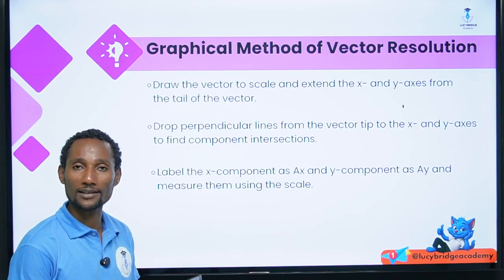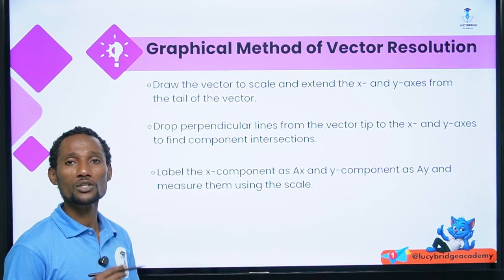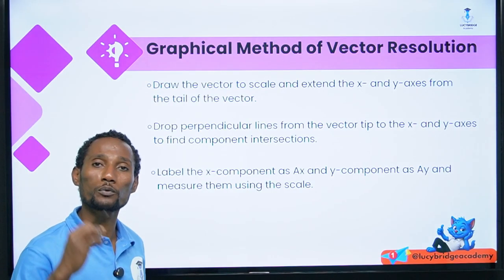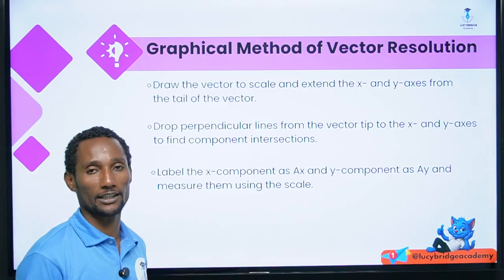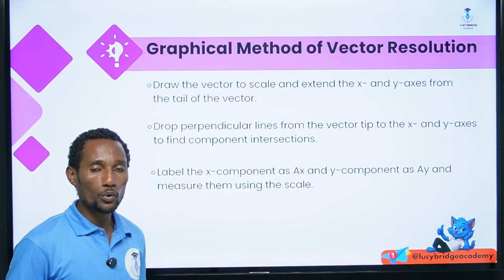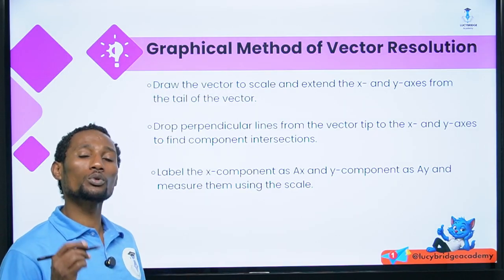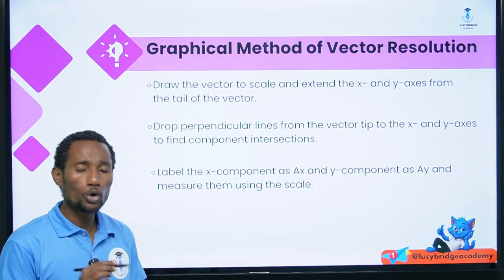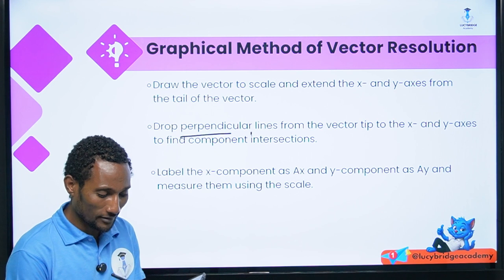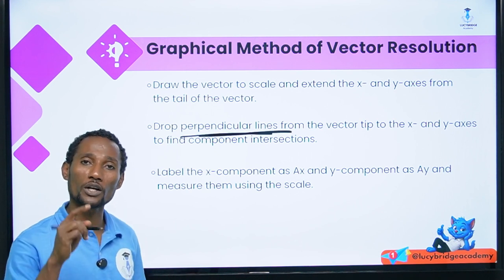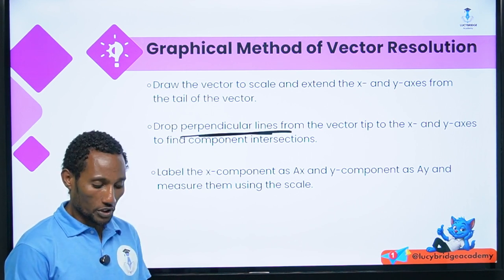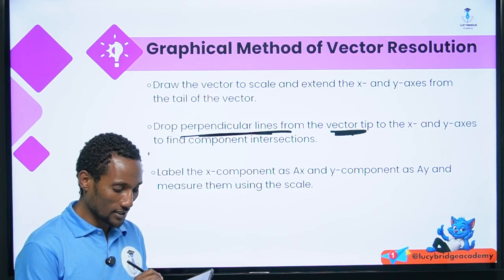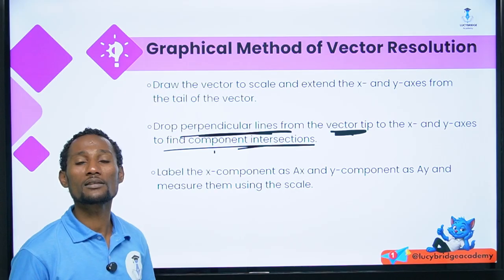That is the x-axis, y-axis, or z-axis, or from the X, Y, Z axes. We have to join it head to tail. So in this case, in vector resolution, we drop a perpendicular line from the tip of the vector to the x-axis and the y-axis, which forms the component intersection.